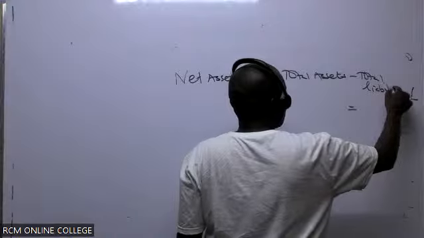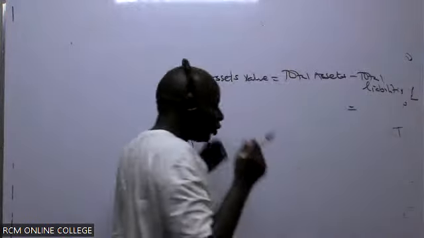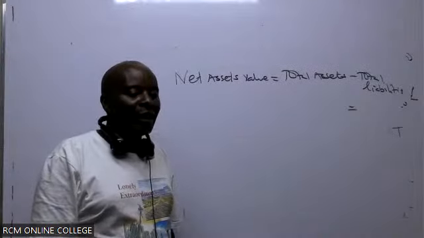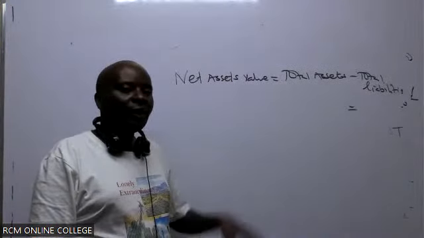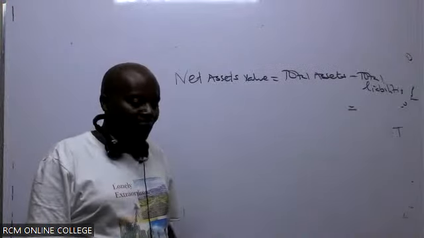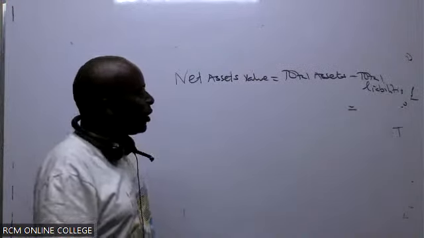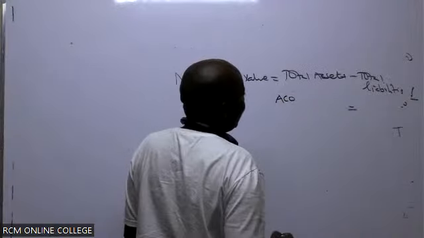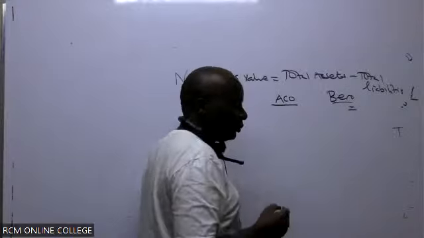I'll show you two methods here. Total assets minus total liabilities. Net assets basically are the equities of the company. Like now here we have two companies, ACO and Bero.